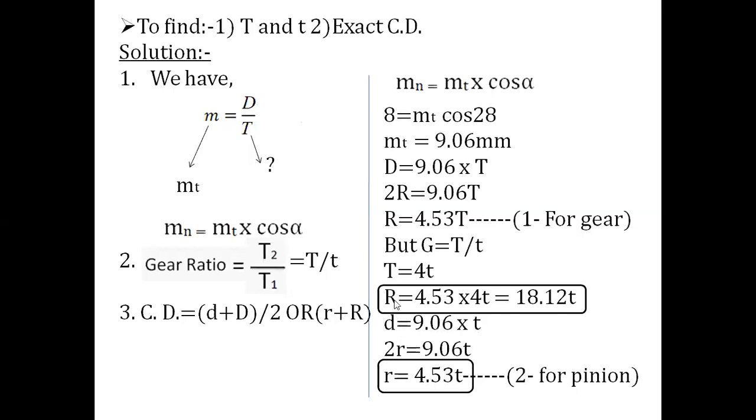Okay. So now we have found small r and capital R. We will put these values of small r and capital R in the center distance formula, because the approximate center distance is given. So putting that value, only one unknown is there, that is small t.